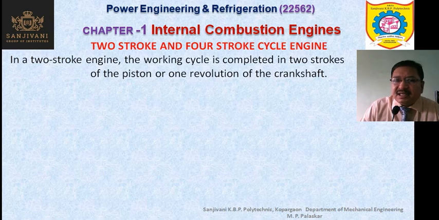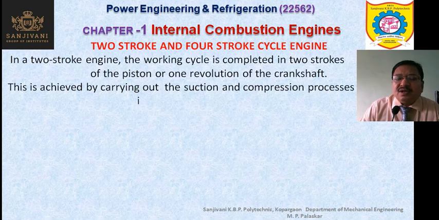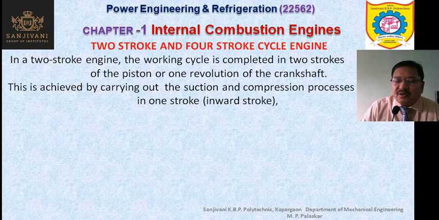But what happens in the two-stroke engine is that the two processes are combined in one stroke. So in order to achieve this, the suction and the compression processes are carried out in one stroke. We call this the inward stroke. Inward stroke means the motion of the piston from outer dead center to the inner dead center in case of a horizontal engine.